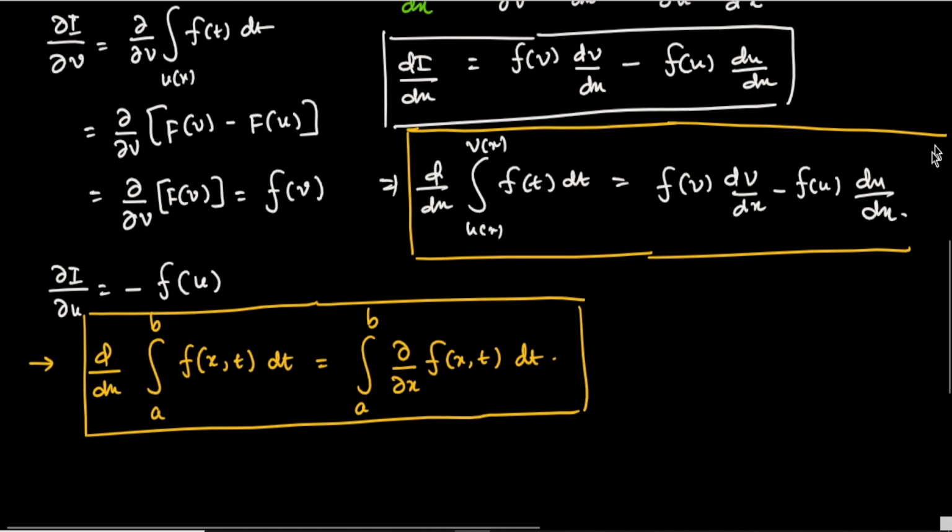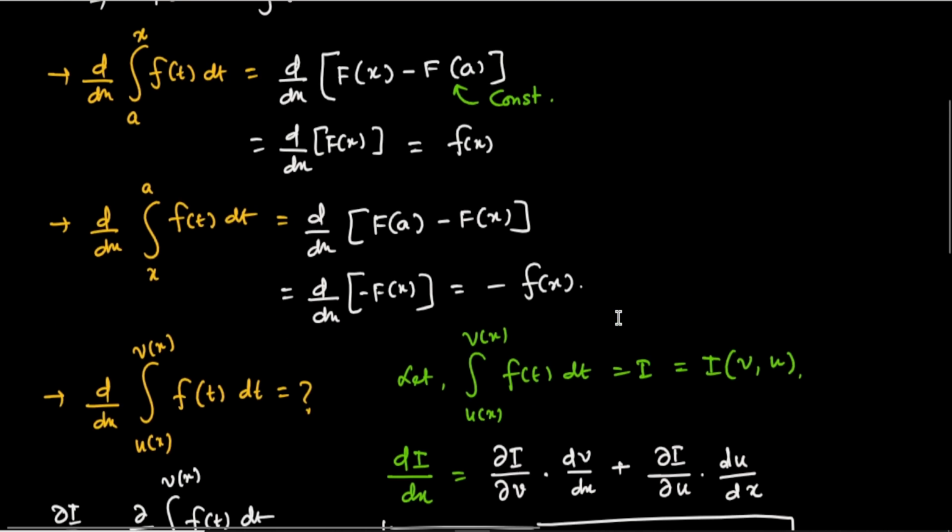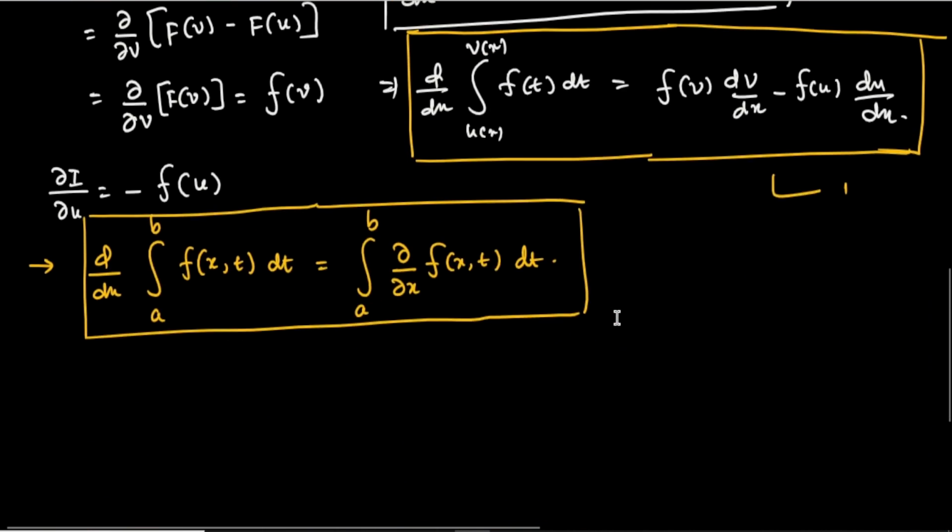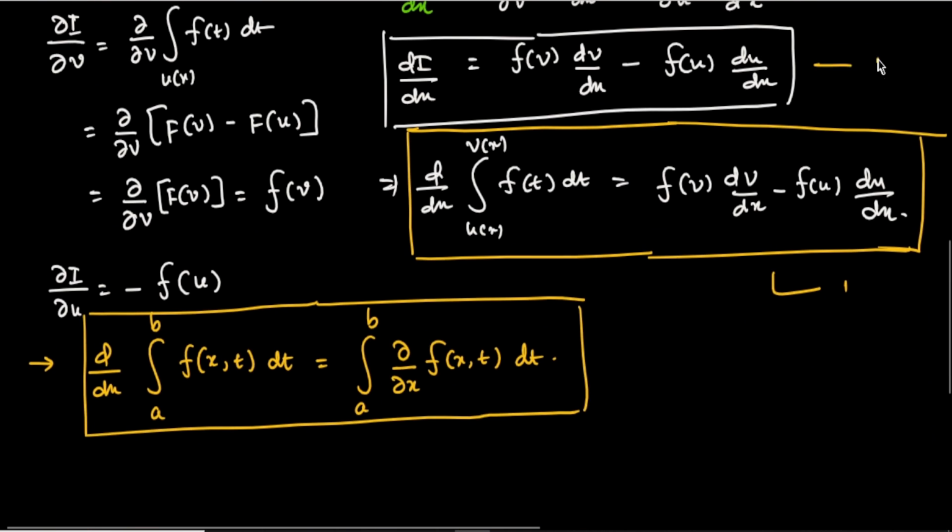So these two results, as we have seen, let's say we are taking the equation numbers: here it is 1, it is 2 and it is 3.